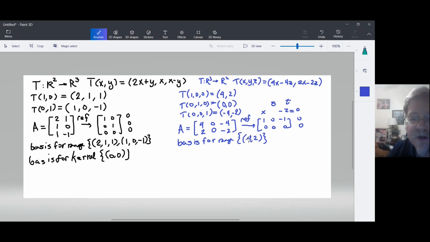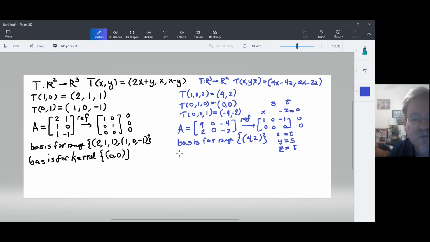If we line that up here, x, y, and z, this is similar to the idea of a basis for a null space. This x and z are both t, so we have one t and no s. And here I have one s but no t.